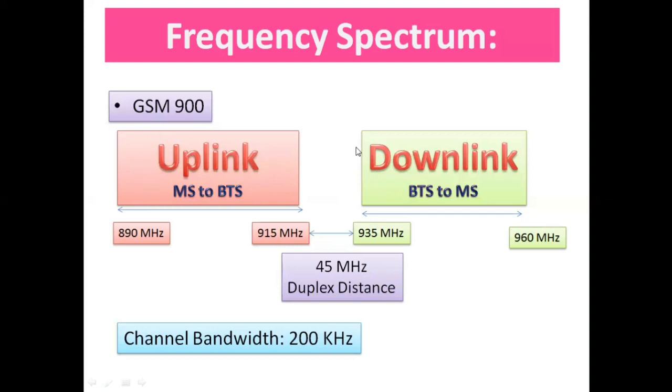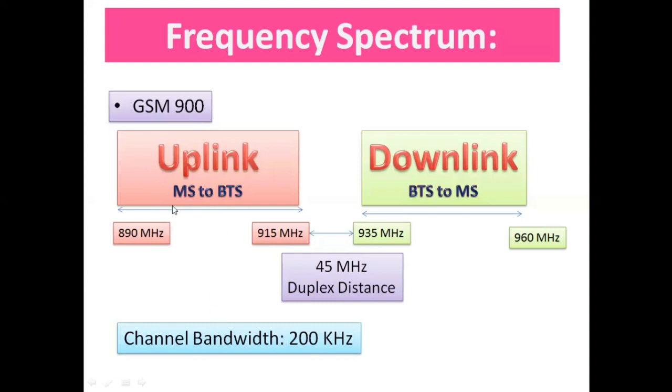That means transmit and receive frequencies should be separated by 45 megahertz. Suppose a particular user is transmitting at 890 megahertz, he can only receive at 935 megahertz. This difference of 45 megahertz is called the duplex distance. This is required to avoid interference.